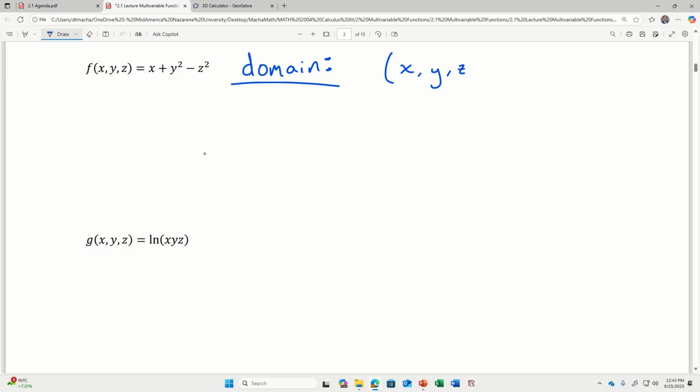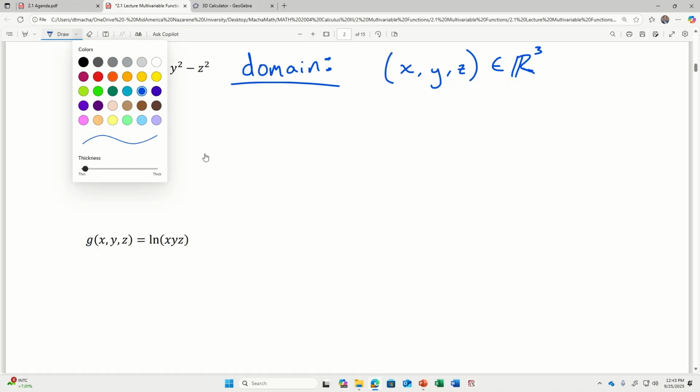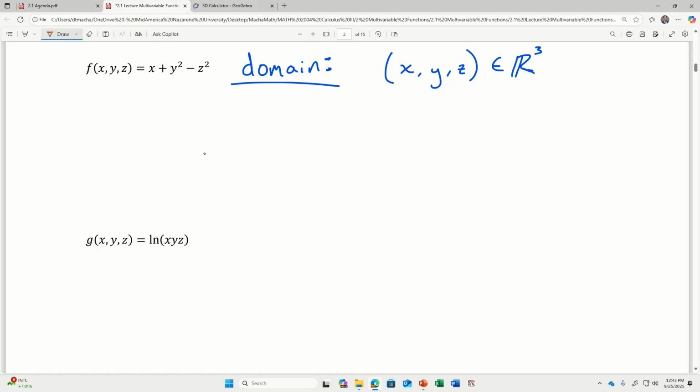X, Y, and Z are all allowed to be any real number they want to. So this double-struck capital R with a superscript 3 is shorthand math notation for three-dimensional real number space. So you could write that if you want to say X, Y, and Z can be all real numbers. No restriction on the domain.